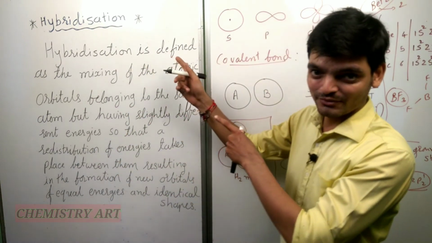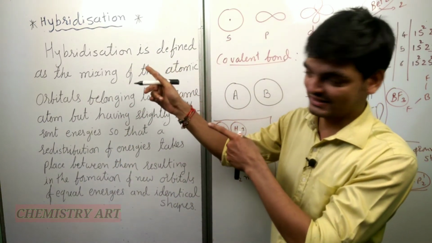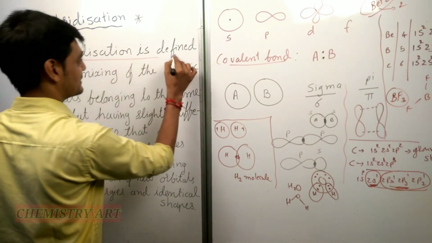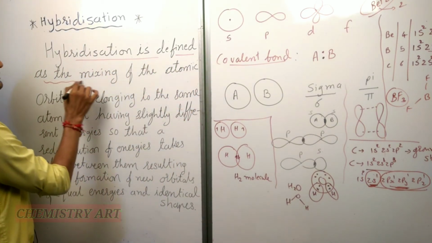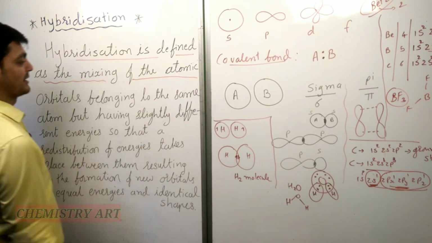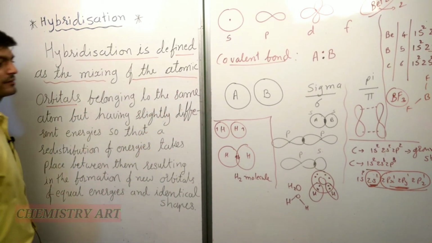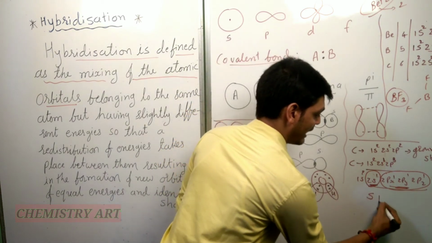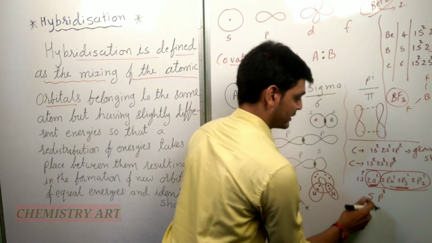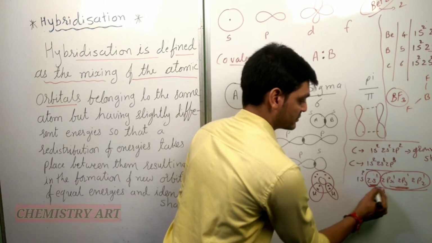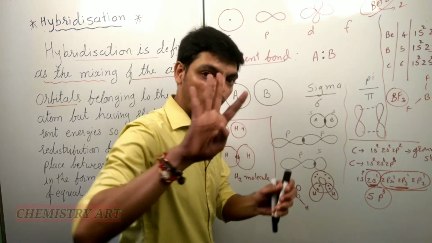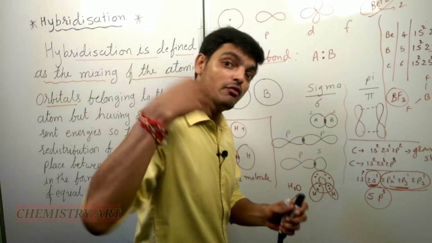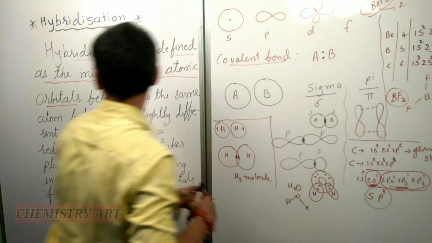So now let's move towards the definition of hybridization. What is hybridization? Hybridization is defined as the mixing of atomic orbitals. For example, as I told you, 1s orbital and 3p orbitals. So a total of 4 orbitals are taking part and they will form 4 new orbitals.